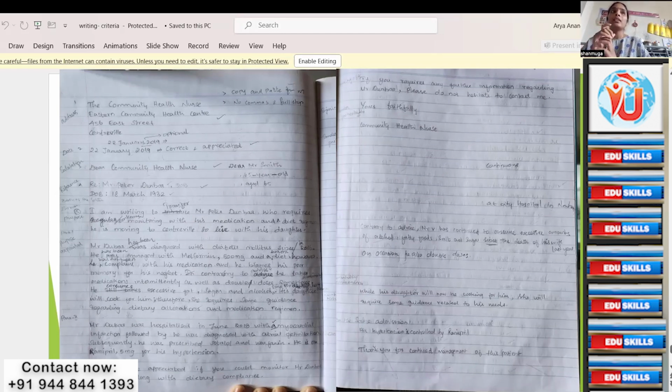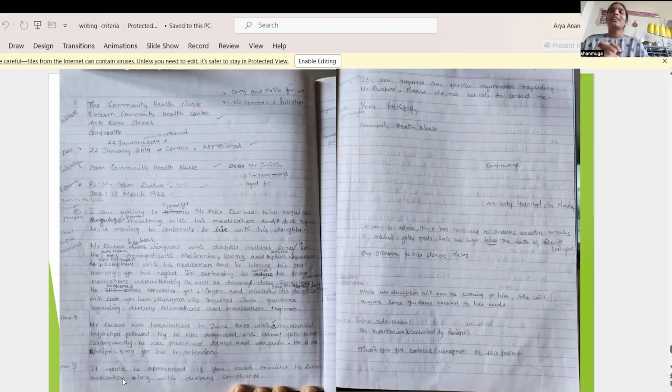If you are writing further management, what does that mean, management of what? You have to write further management of his condition, at least further management of pneumonia, like that. You have to complete the full sentences. You have to make yourself more flexible to write your letter.